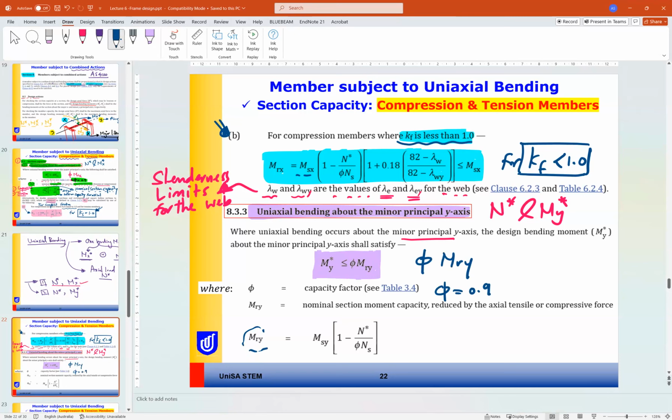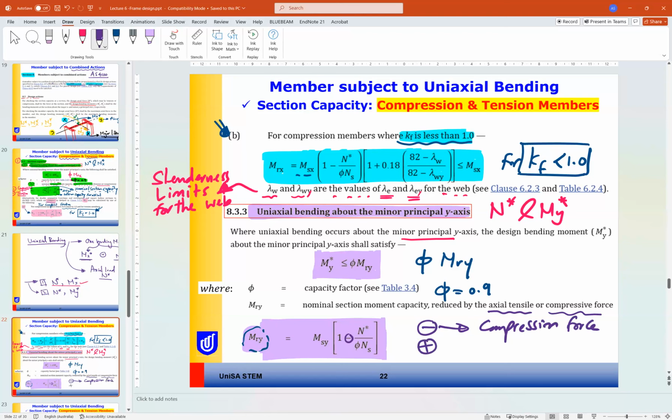And M_ry is calculated using the formula M_sy times (1 minus N asterisk over N phi N_s), where again the sign is negative for compressive force and positive for tension force.